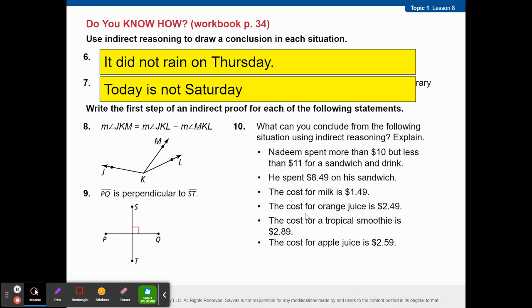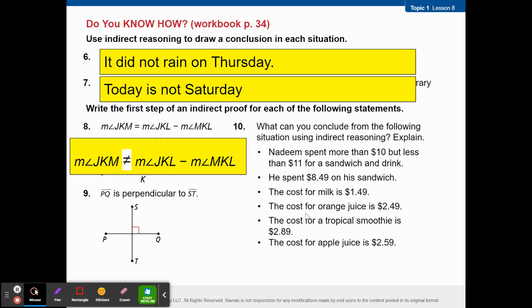Now 8 and 9. I did see a lot of blanks as I was walking around the room, but there were people that did get it correct. They're saying that the measure of angle JKM is equal to the measure of JKL minus the measure of angle MKL. How could we negate this? I said that the measure of JKM is not equal to the measure of JKL minus the measure of MKL.